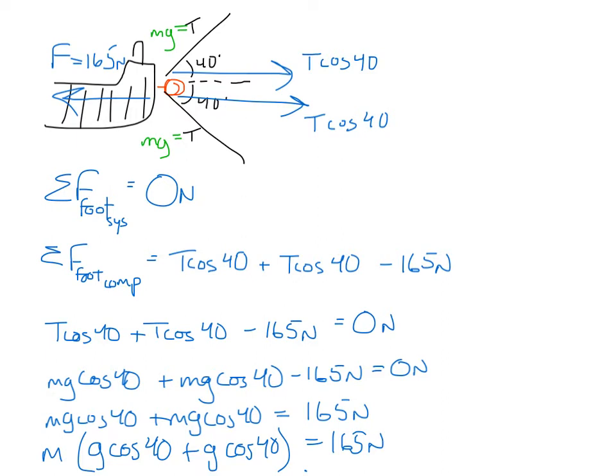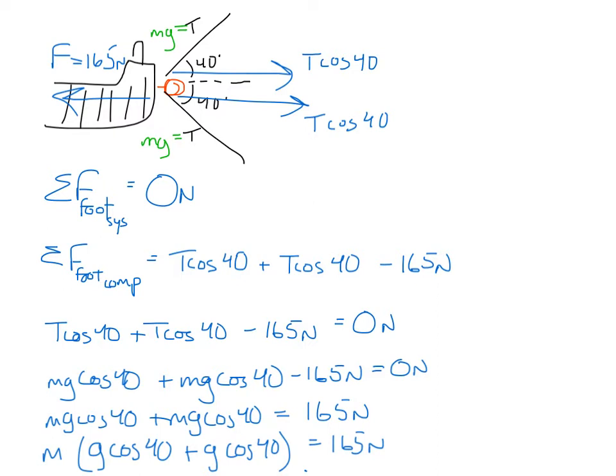And you can see this is going to become a lot easier. I'm running out of space at the bottom right here. Let's clean this up a little bit, and I'm going to call this 2g cosine 40, because you're just adding them together. And then this whole thing right here, so we get m by itself, we're going to just divide under the other side.